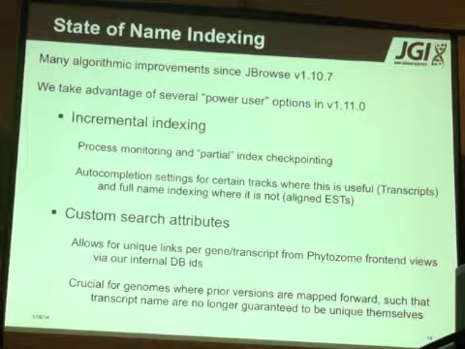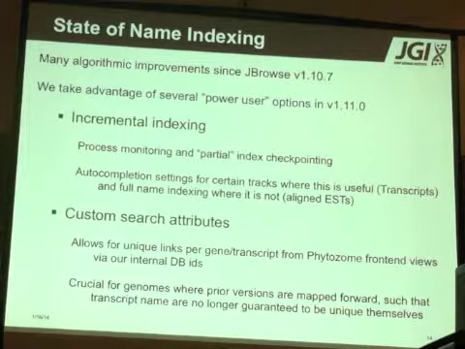Also, we were very interested in having a variable amount of auto-completion for the JBrowse search engine. Auto-completion, at least in our hands, is quite powerful and useful for things like transcript names. A little bit less useful for EST names and the names of proteins that are aligned.